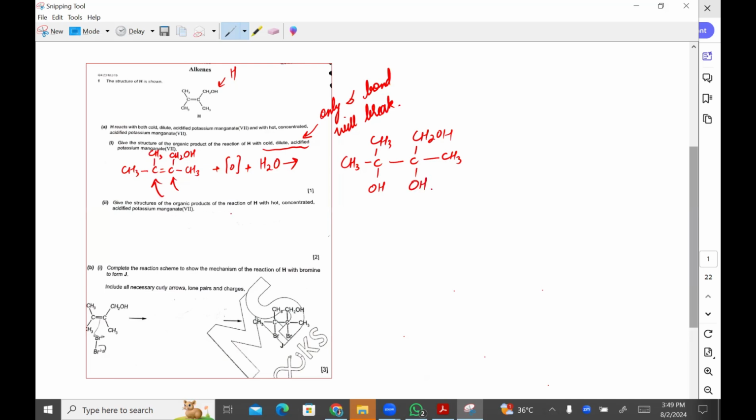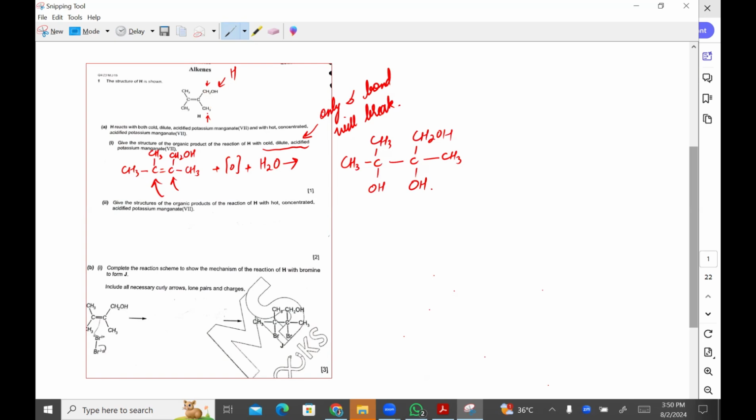Give the structure of the organic product of the reaction of H with hot concentrated acidified potassium manganate. So for hot, what did I tell you? Both the pi and the sigma bond will break, and if the double bond carbon has two hydrogens, then CO2 will form. If there are two hydrogens here or here, then CO2 is formed.